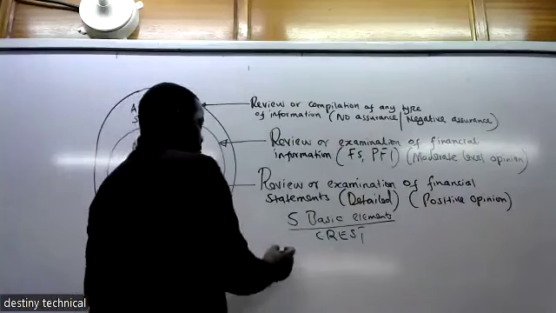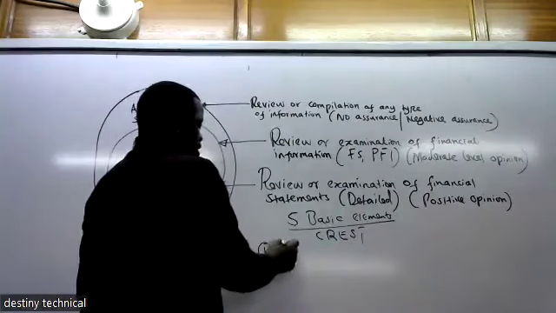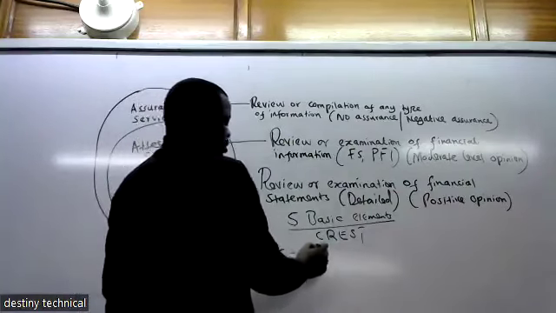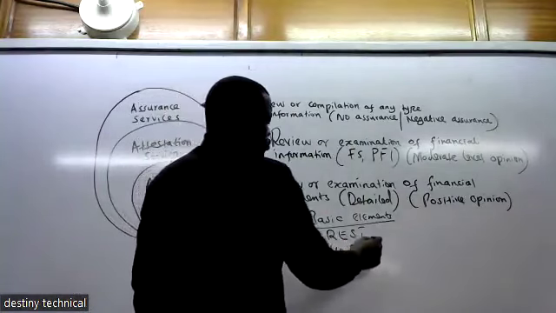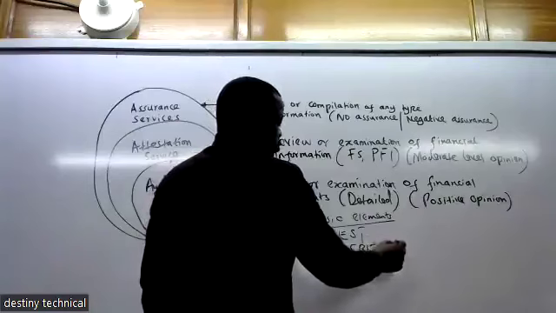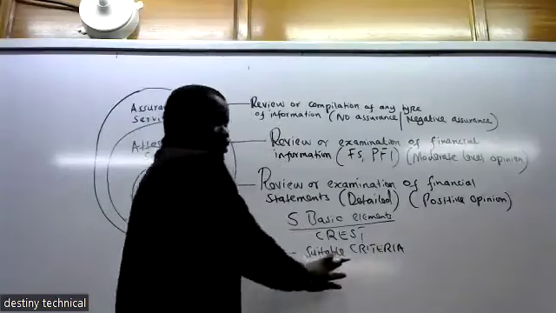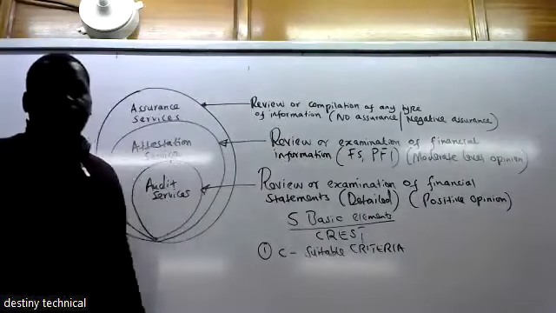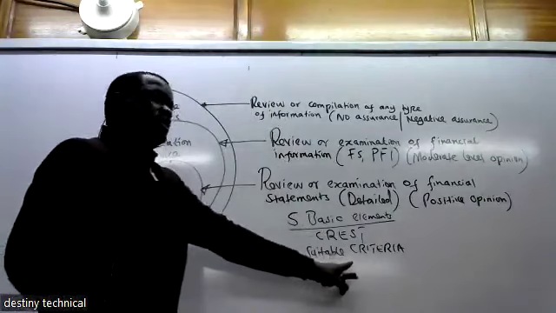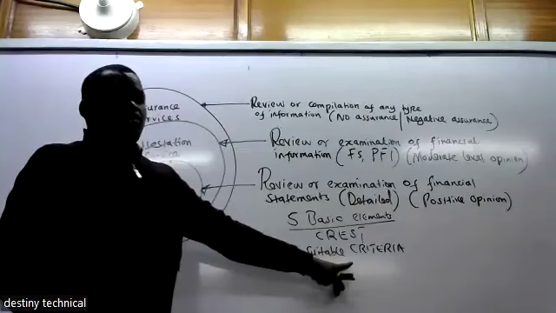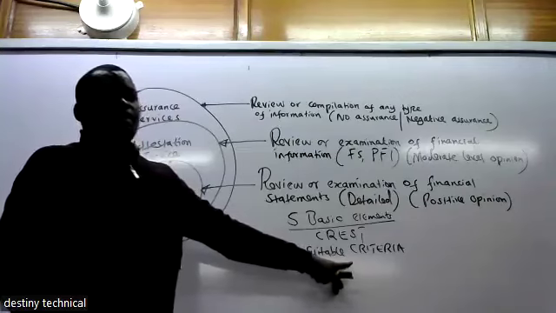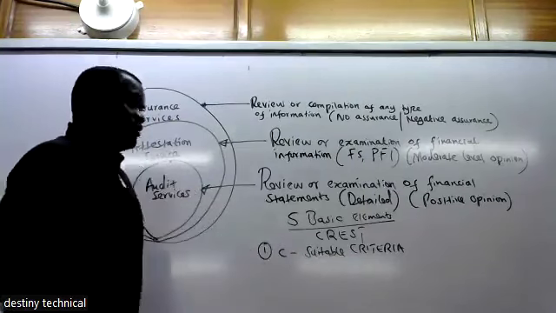The C stands for what we call suitable criteria. In all assurance engagements, there must be suitable criteria. Criteria is just the standard or the benchmark for measuring the subject matter.